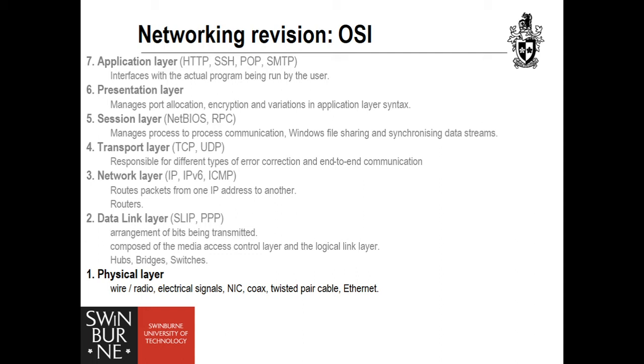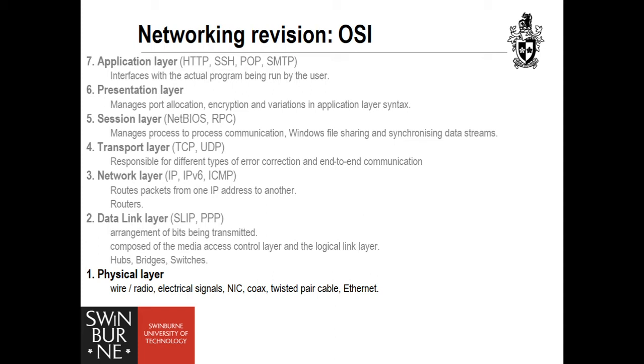After that is the session layer. It is used to manage process-to-process communication, window file sharing, and synchronizing data streams. After that is the transport layer. It is responsible for different types of error correction and end-to-end communication. Below that is the network layer.